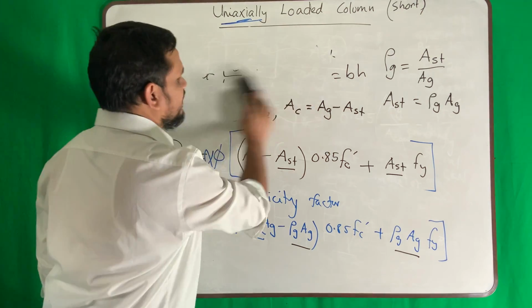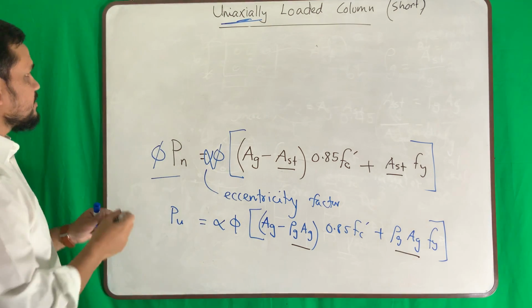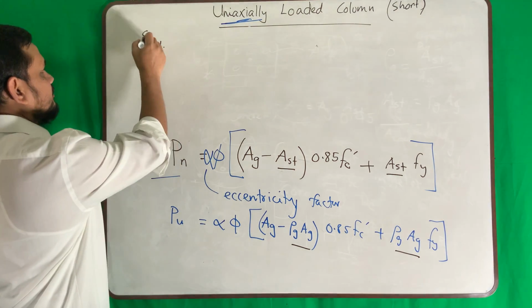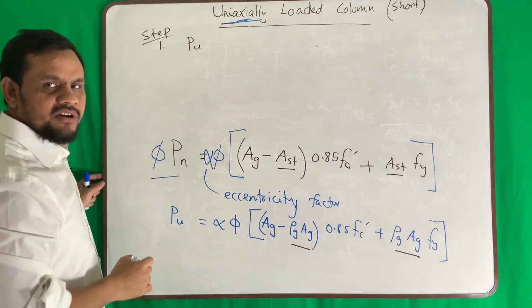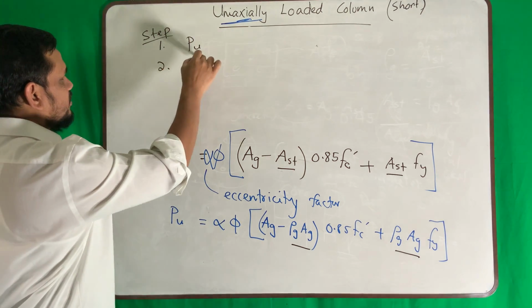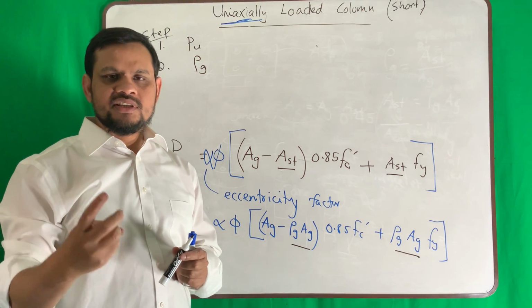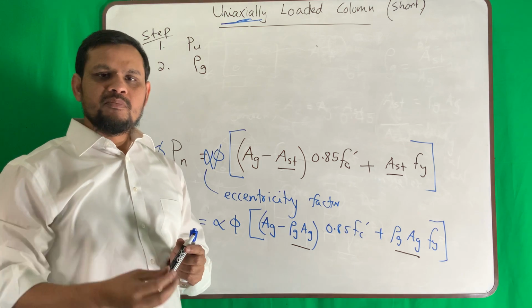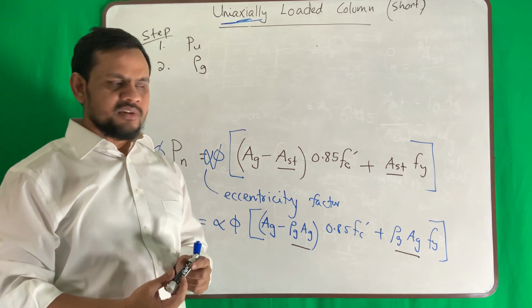And then what are the design steps? So design steps. Step number 1: obviously calculate your factored load. Step number 2, rho Z. Assume a rho Z, 2%, 3% or whatever. Minimum 1%, maximum 8%, or it might be given in the problem also.